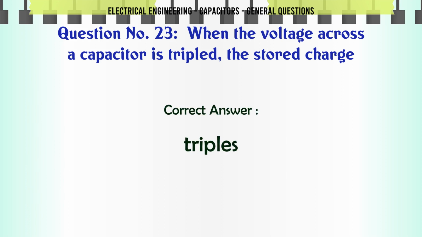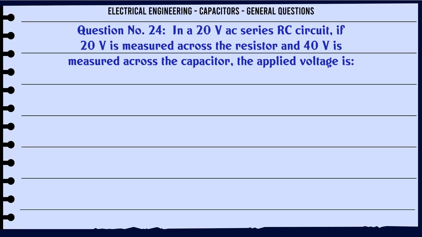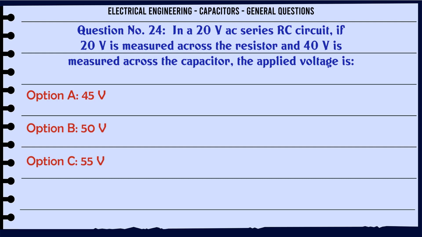The correct answer is triples. In a 20 V AC series RC circuit, if 20 V is measured across the resistor and 40 V is measured across the capacitor, the applied voltage is A 45 V, B 50 V, C 55 V, D 60 V.